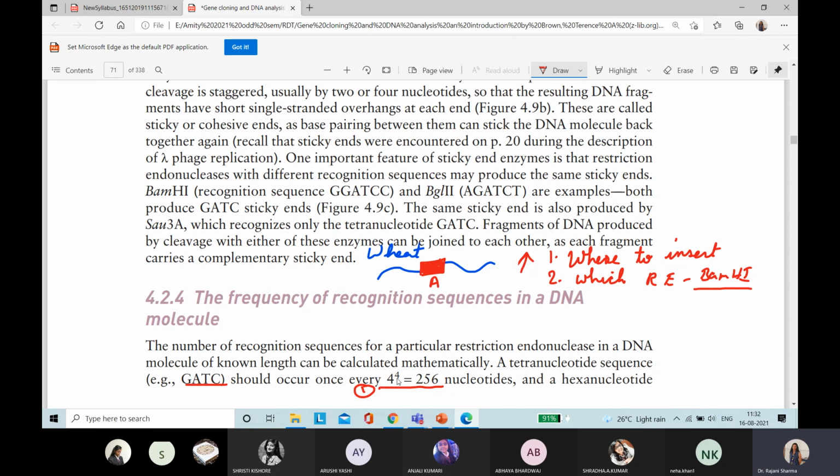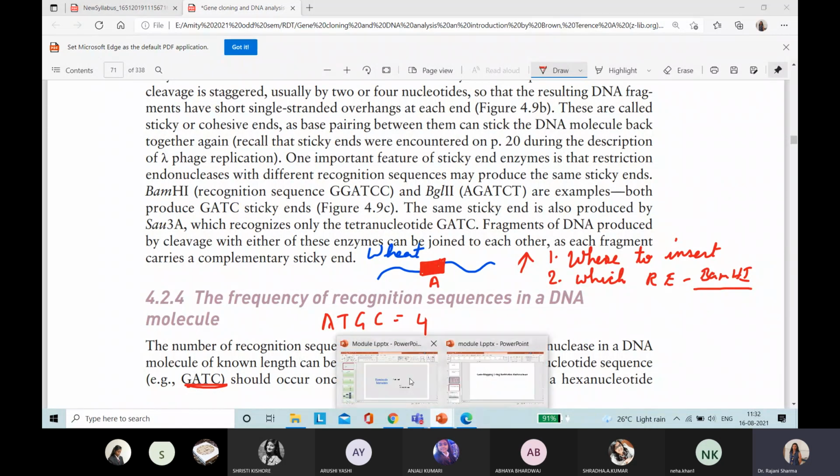How will you recognize that here? The total number of nucleotide bases is 4: we have only 4 nucleotide bases, A, T, G and C. Total number is 4. So simply, suppose you have chosen an enzyme.